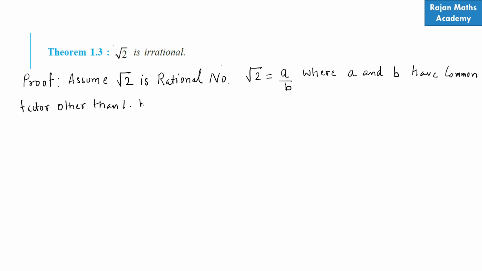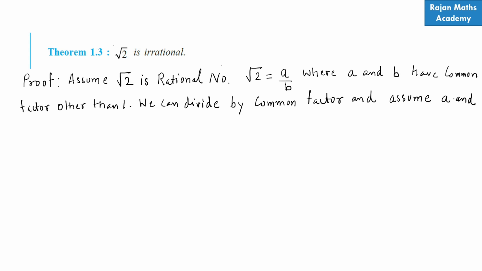We can divide numerator and denominator by the common factor and assume a and b as co-prime.